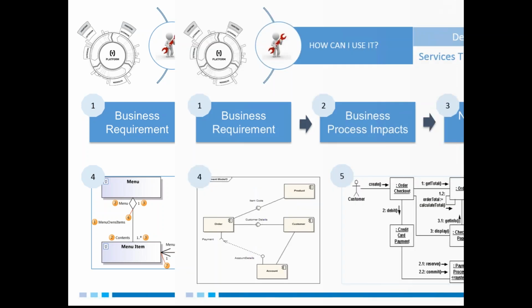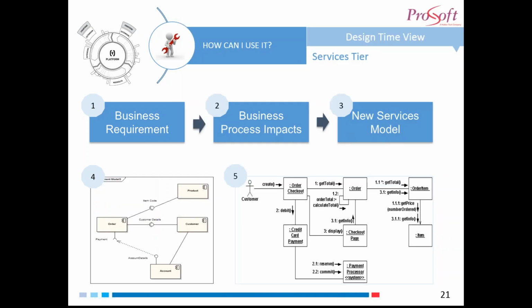Service tier. The first 2 things remain the same: the business requirement, and the business process impact. We have a new services model now. As we saw, there is a composition as well as our communication and component model.